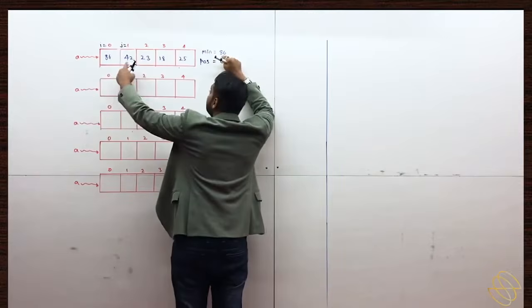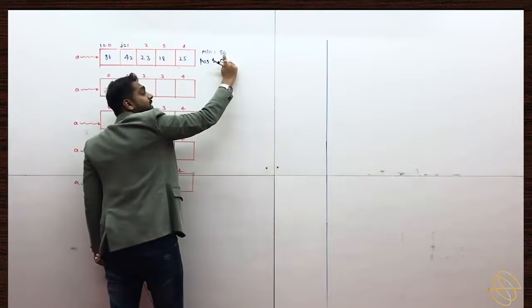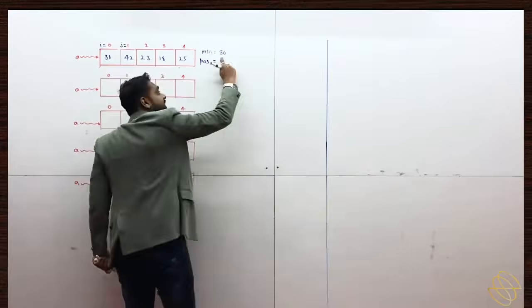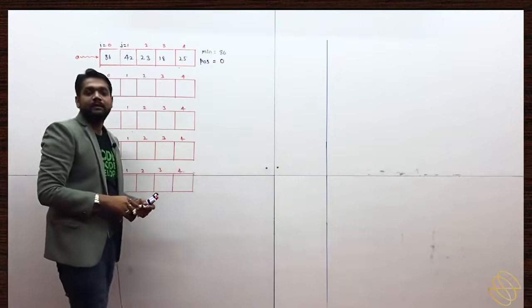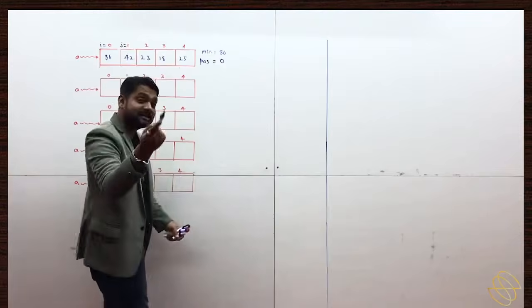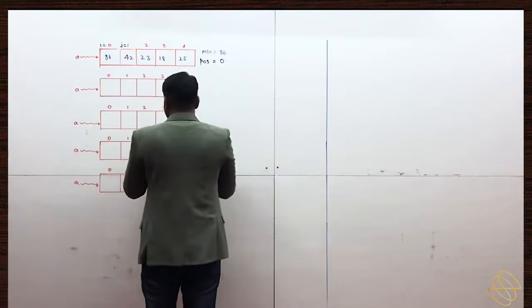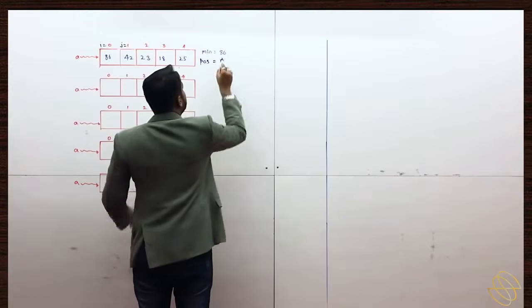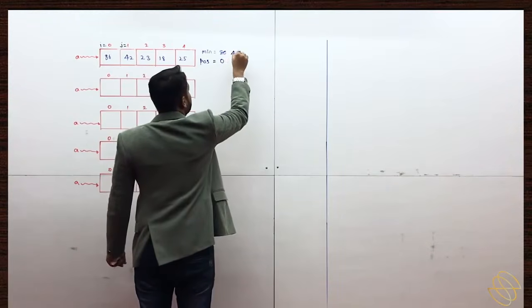What is array of j? 42. What is minimum? 86. Is 42 less than 86? Yes. If array of j is less than minimum, take that array of j, 42, and give it to minimum.